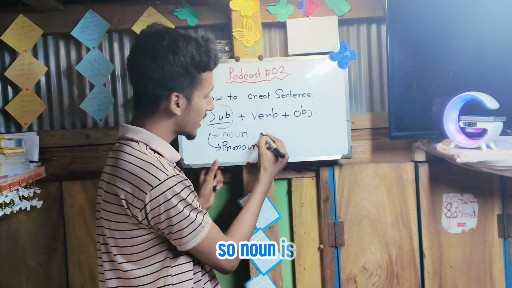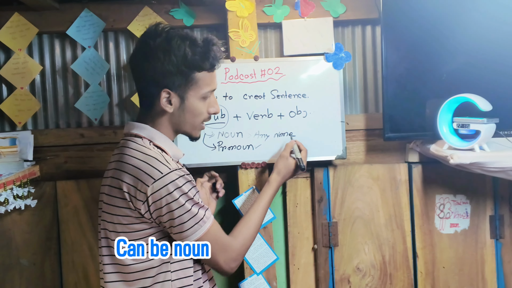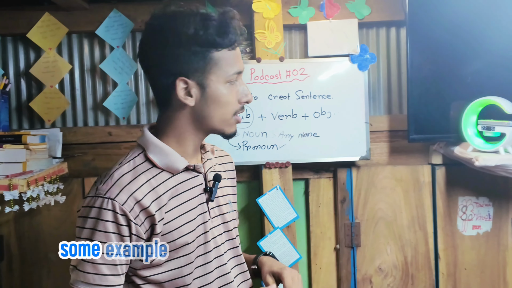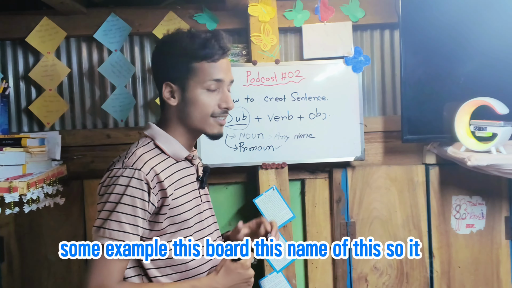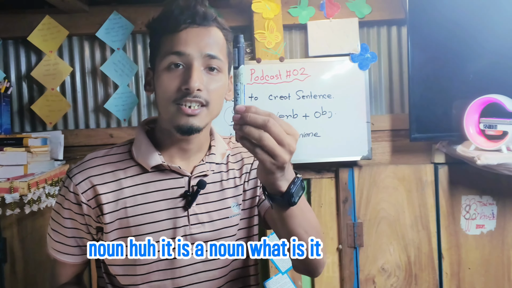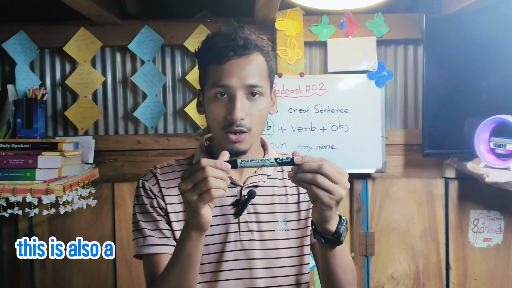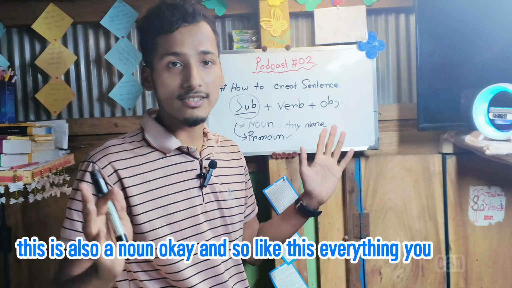Noun is any name. Any name can be noun. Suppose, if I give you some examples, this board is a name of this, so it is a noun. It is a pen, so this is also a noun. Like this, everything you can see.